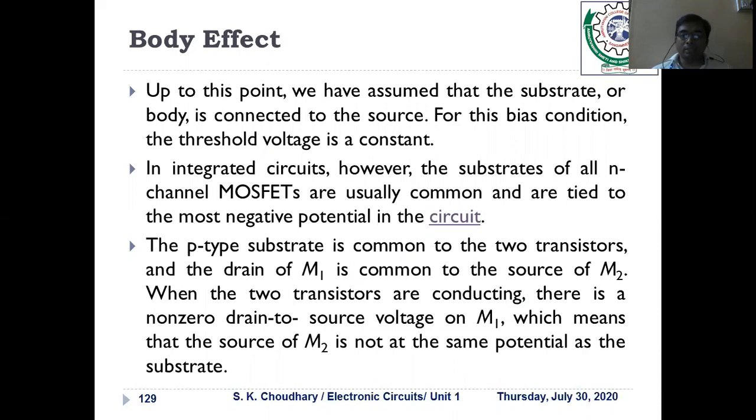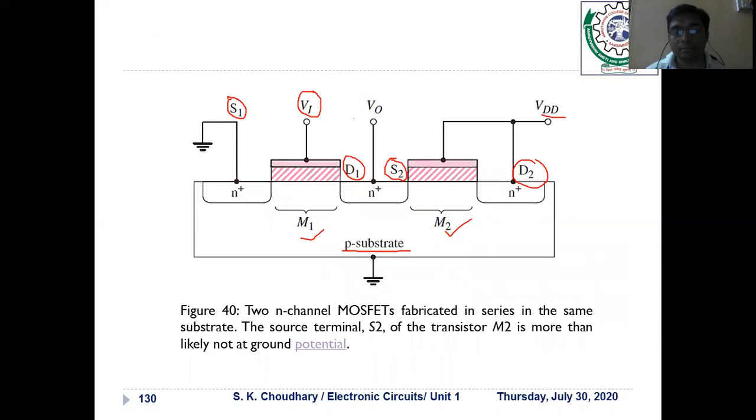When the two transistors are conducting, there is a non-zero drain to source voltage on M1, which means that the source of M2 is not at the same potential as the substrate.